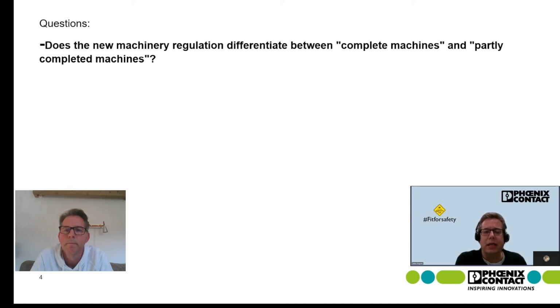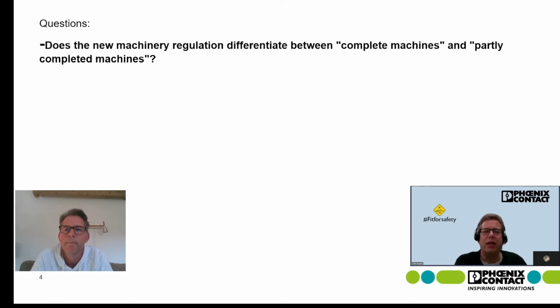In the existing machinery directive, this sometimes caused confusion about what kind of machine type it is, complete machine or partly completed machine, and which requirements are necessary, especially for preparing a risk assessment document. The new machinery regulation tried to solve this by placing new definitions. They introduce the definition of machinery product.